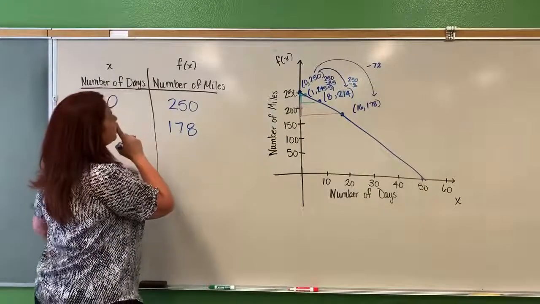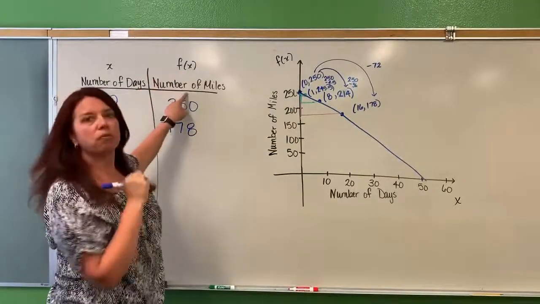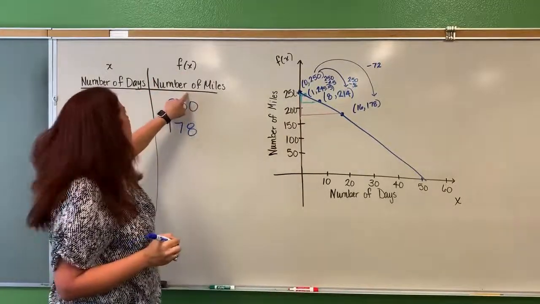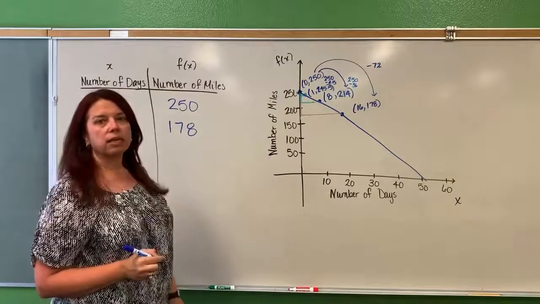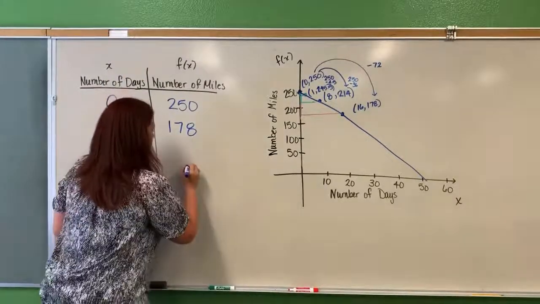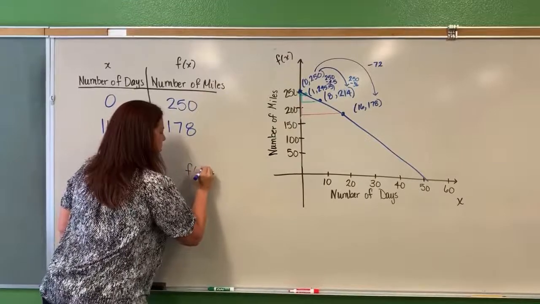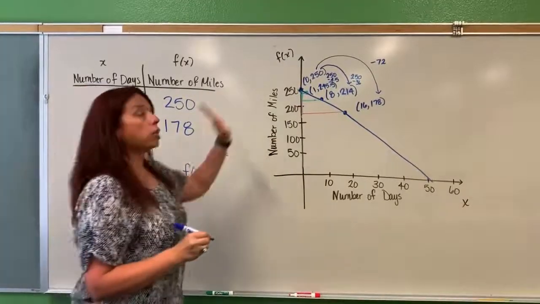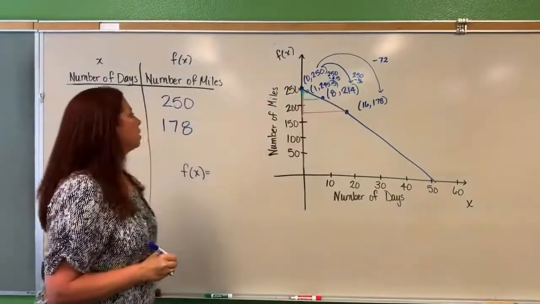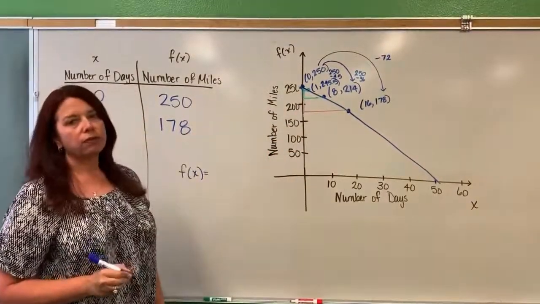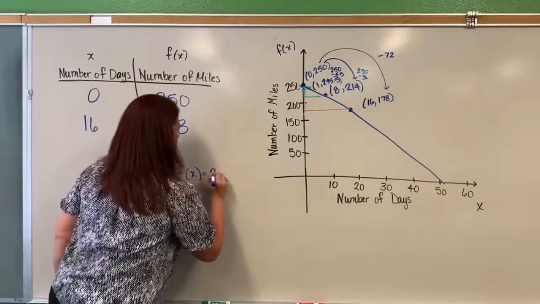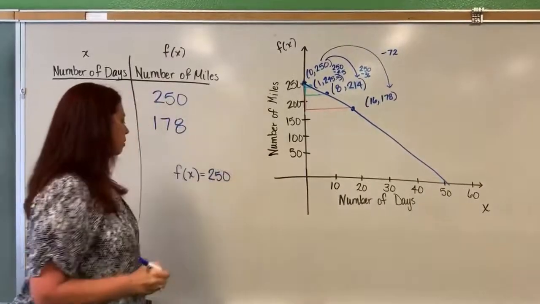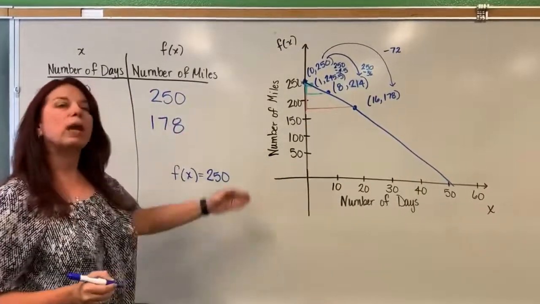So let's start with this. Since f of x is going to be the number of miles that I can drive in this Model 3, x being the number of days that elapses, let's write the function. So I'm going to write f of x, which is the number of miles for my Tesla, is going to be equal to, again, assuming change by a constant amount, I will start at my 250 since that was my starting amount in this car, my mileage there. And I know that this car is draining.